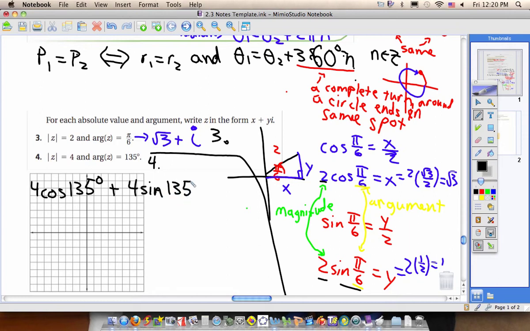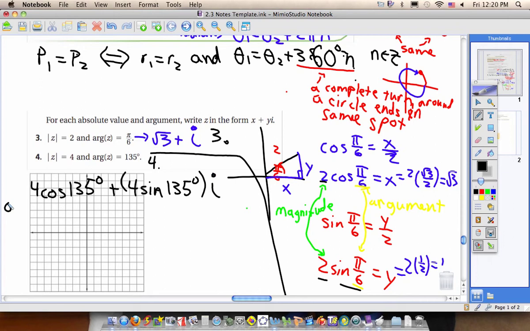And then 4, and this is the magnitude, times sine of 135 would give us our y coordinate, well, the y coordinate has an i with it. What do both of these have in them? What numbers are in both 4 cosine 135 and 4 sine 135?